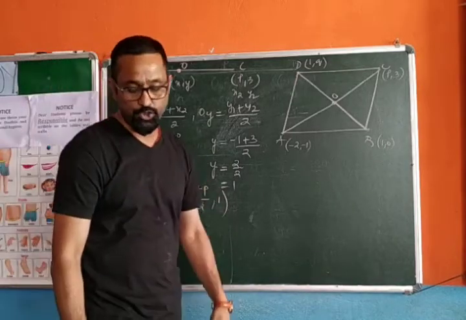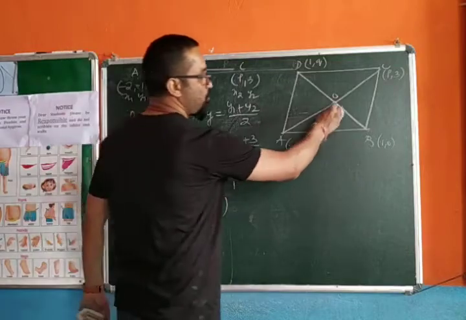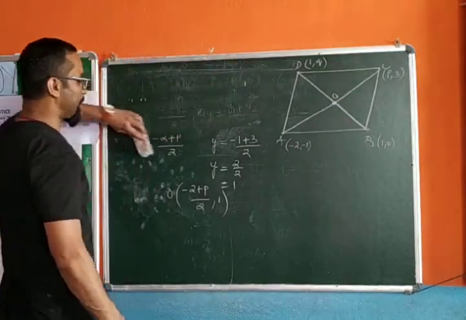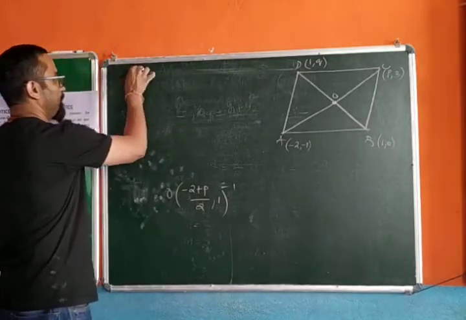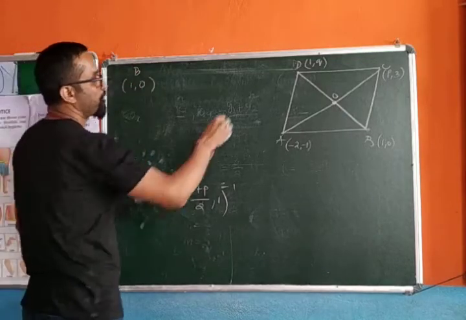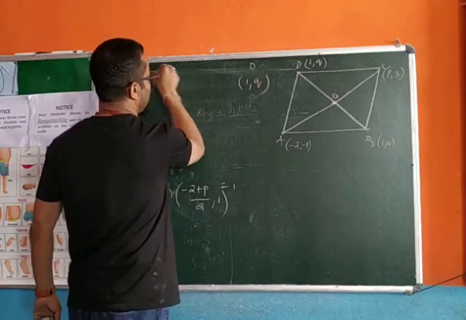We know the first one. After calculating the coordinate of O, we use the second diagonal, that is BD. B has coordinate (1, 0) and D has coordinate (1, q). Join it.